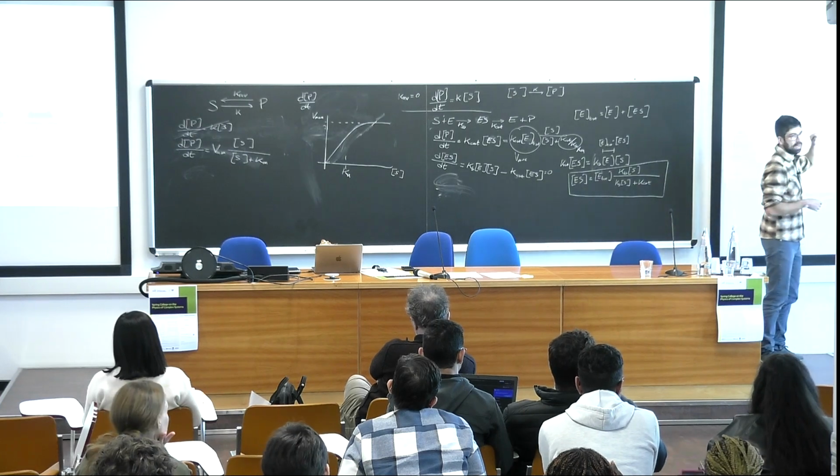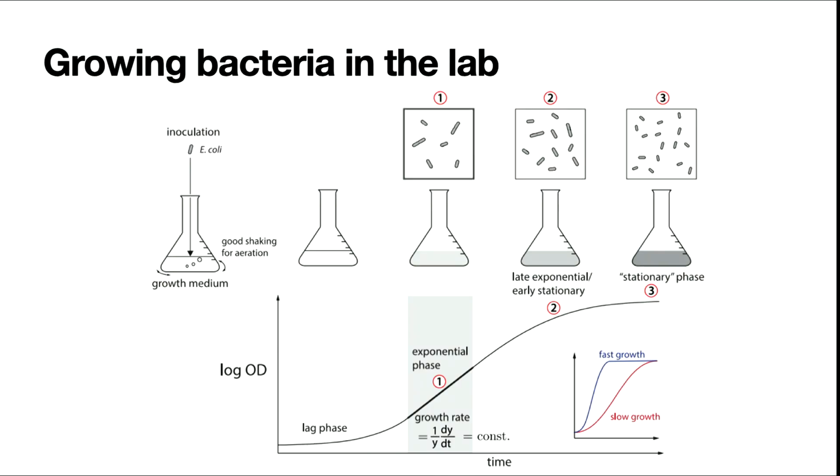You take bacteria, let's say E. coli, you put it in a flask with some nutrients, let's say glucose, and you shake it, because you want oxygen to be there, and then you have it growing. If you look at how many bacteria you have, for instance by how turbid your culture is, what you see is that at the beginning they don't grow, then they start to grow, and then they stop growing. And depending on the conditions, sometimes they go faster, sometimes slower. Depending on how many nutrients you put, sometimes they go up more, sometimes they grow less.